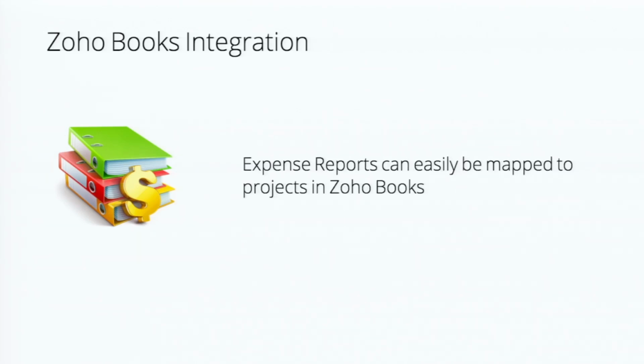And you also have interesting things where Zoho reports can easily be mapped into the projects. Expense reports can be easily mapped into the projects that you are associated with. Remember, Zoho Books has a concept of projects where you could be working on a task and you can bill a customer based on a project.